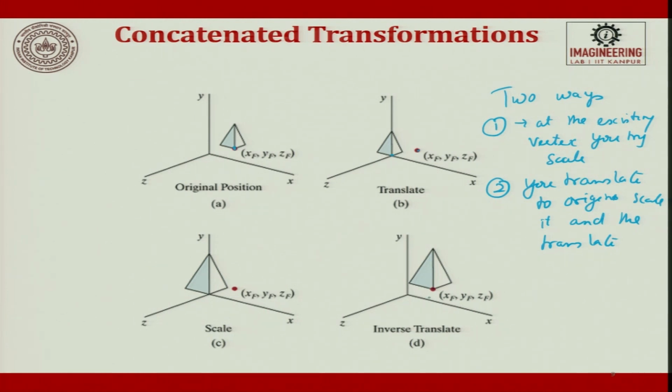When we do this, there are several steps which are followed. First is this point, then from this point you are moving to the origin, then you are doing scaling, and then you are bringing it back with inverse translation, right.